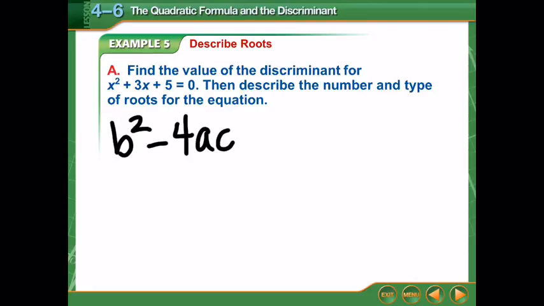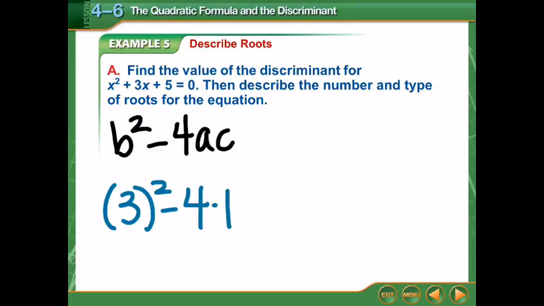So for our numbers that we have here, our b is 3, so that's going to be 3 squared minus 4 times 1 times 5. So this is going to be 9 minus 4 times 5, which is 20. So we know that 9 minus 20 is going to be a negative number.